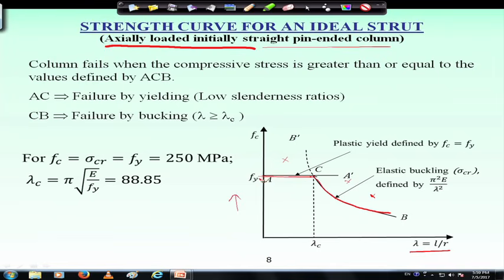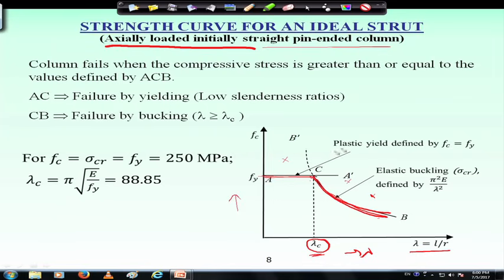If we consider low slenderness ratio, failure may happen due to yielding, and for high slenderness ratio, failure may happen due to buckling. You see, failure will happen due to buckling if lambda is greater than lambda_c.